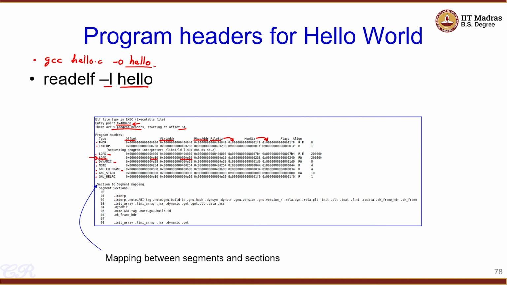Now in many cases you would see that the size of the segment in the file is equal to the size of the segment in memory, right? So for instance, here it is 7b4 present in the file, and when loaded into memory it takes the same number of bytes, right? On the other hand, for the next segment, you see that it takes 238 bytes when it is present in the file, but when it is loaded in memory it takes 240 bytes, right?